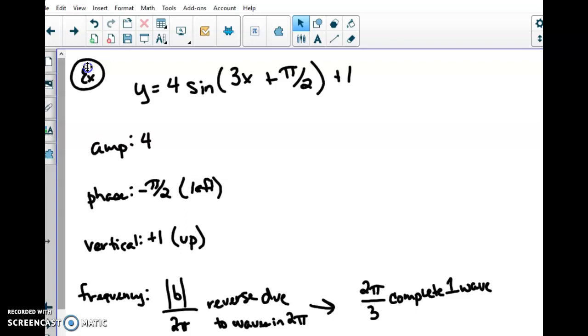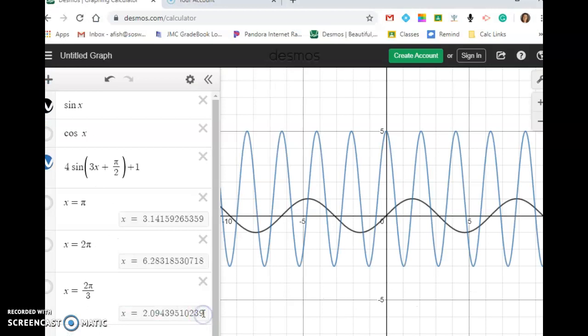So let's look at the graph and see actually how this looks. I have the original on there in the sine of x. So looking at that 4 sine of 3x plus pi over 2 plus 1, we can see off of this graph that this is going from negative 3 to 5, which would give us a total distance there of 8.